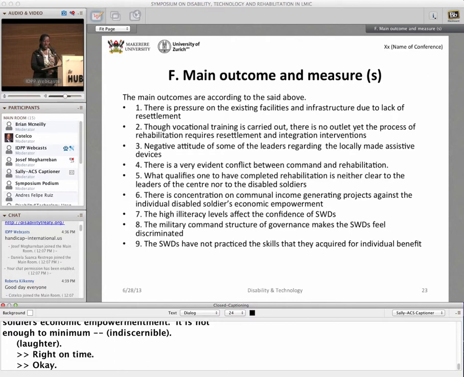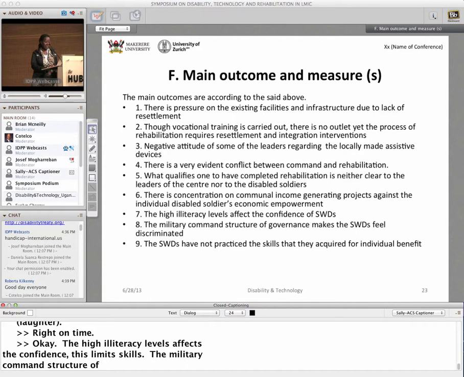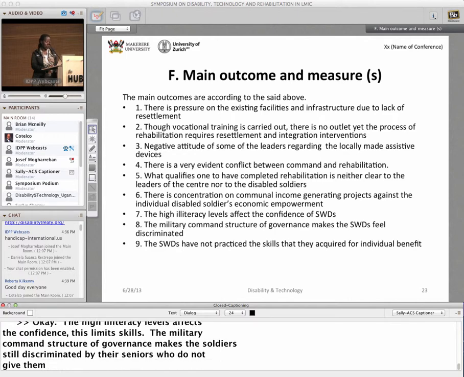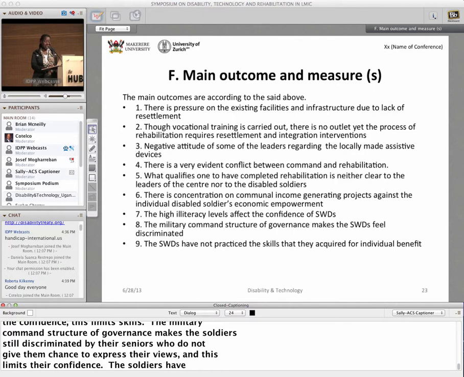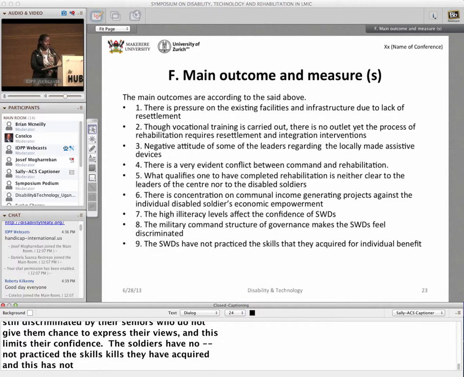The high literacy levels affect the confidence of the soldiers with disabilities. This limits their participation in vocational skills. The military command structure of governance makes the soldiers feel discriminated by their seniors, who do not give them a chance to express their views, and this limits their confidence. The soldiers have not practiced the skills that they have acquired, and this has not helped them at the end of the day.